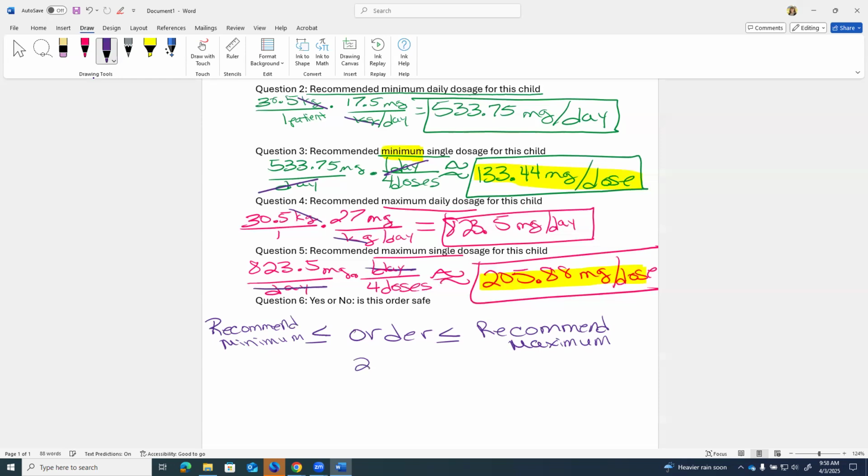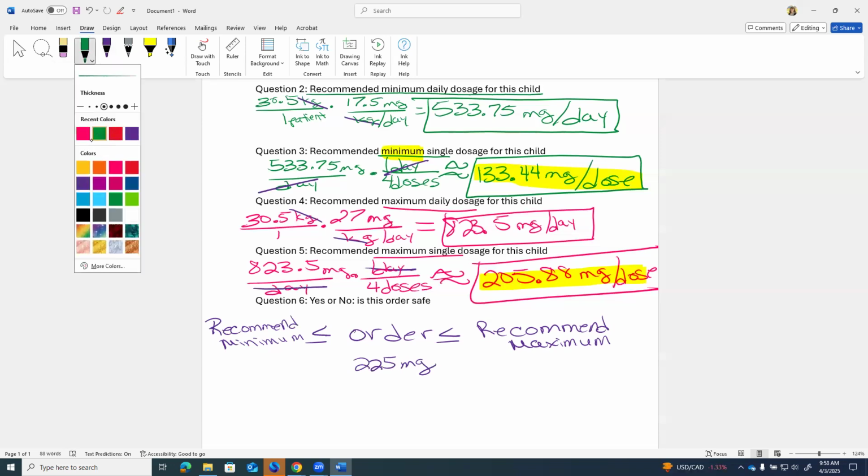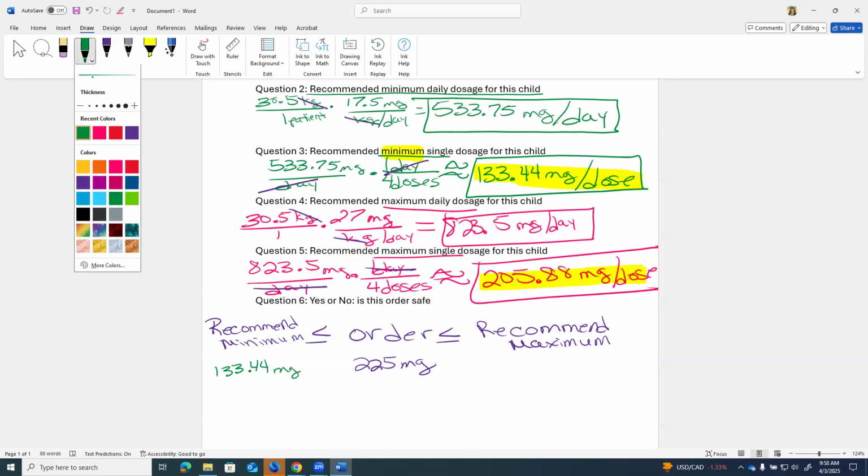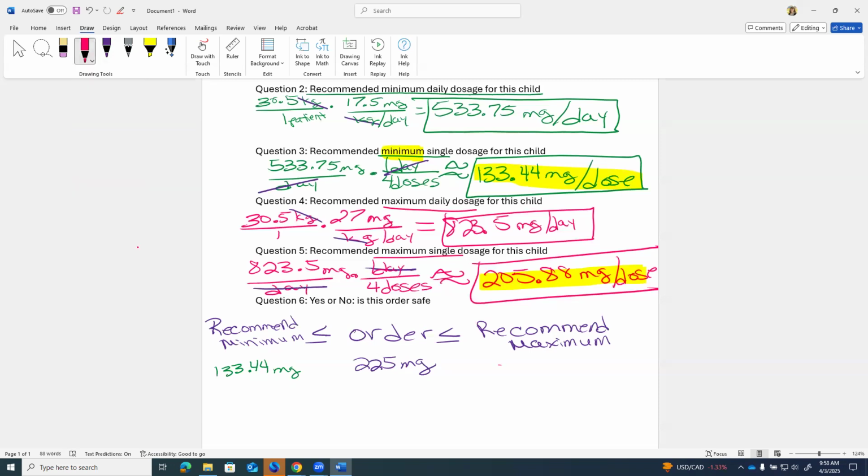So the order is 225 milligrams. Because the order is based on per dose, that's the one we looked at. If the order was based on per day, we'd look at the per day one. The minimum recommended is 133.44 milligrams, and the maximum is 205.88 milligrams. Now remember, this is based on this child's weight.